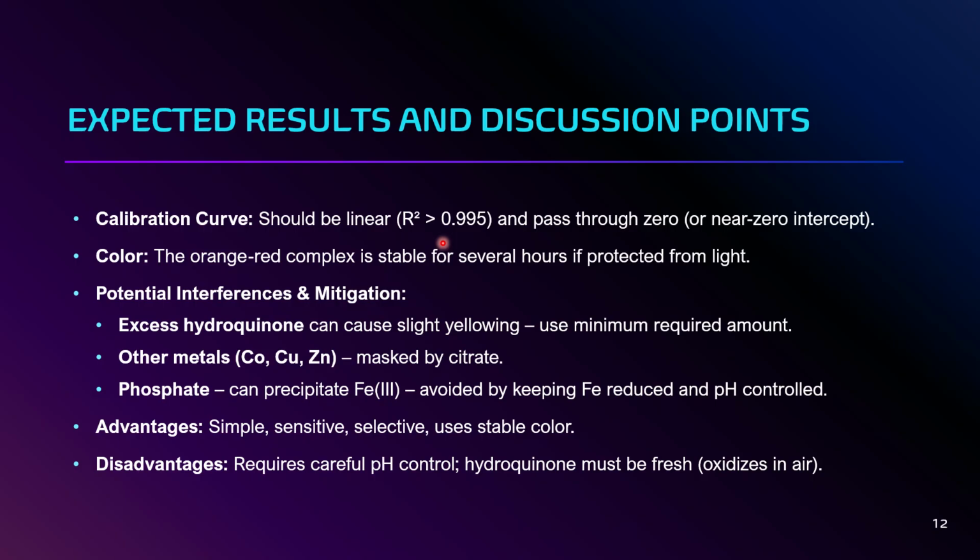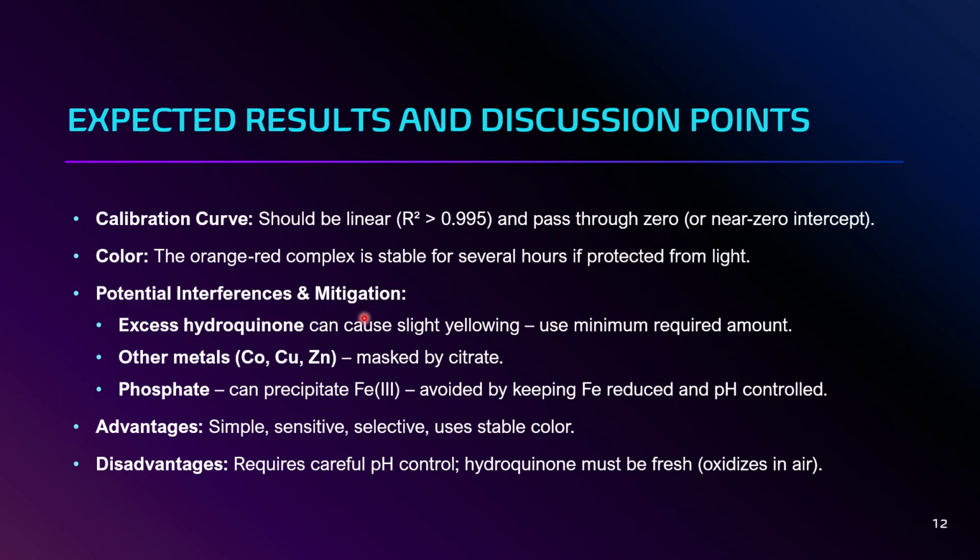So anything greater than 0.995 is quite acceptable. And because the Beer-Lambert law says that the calibration curve should pass through the origin, or through 0, when you have a good reagent blank. But if it is not passing through 0, then the analysis is still acceptable. The only factor is that you have not prepared an appropriate reagent blank.